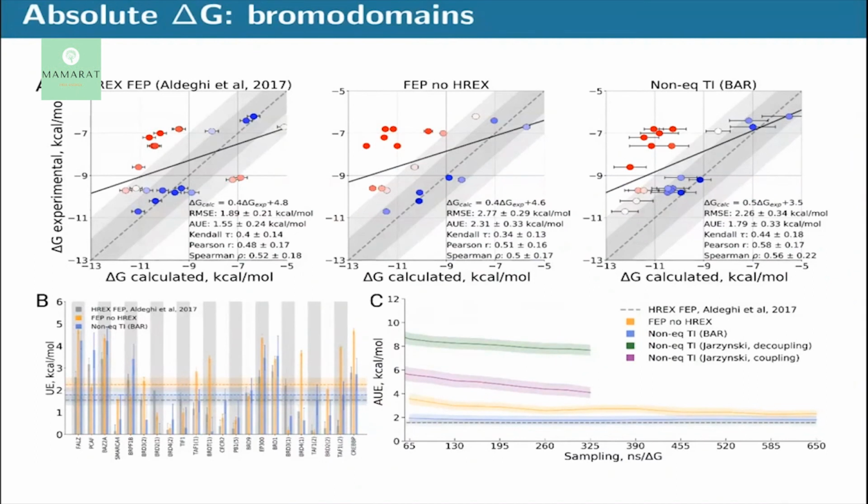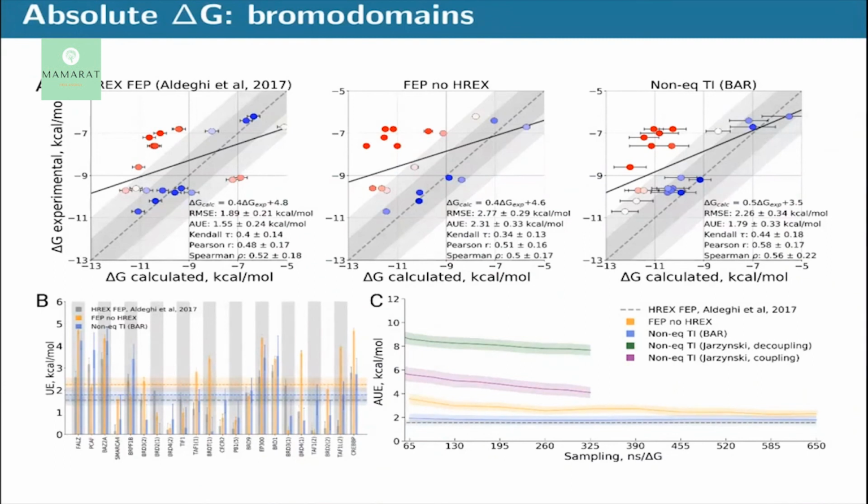And what if we apply the non-equilibrium free energy protocol? Well, we gain in accuracy, and accuracy becomes almost identical to that which is achieved by the Hamiltonian replica exchange FEP approach. In terms of Pearson correlation, with the non-equilibrium approach, we can actually reach the highest accuracy of these three methods, almost reaching 0.6 in Pearson correlation.